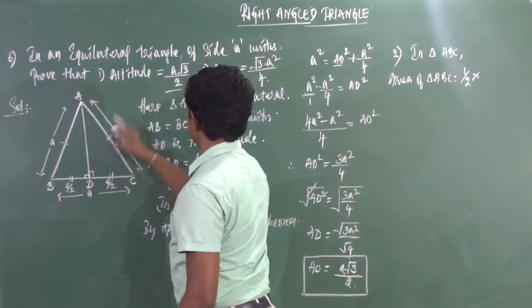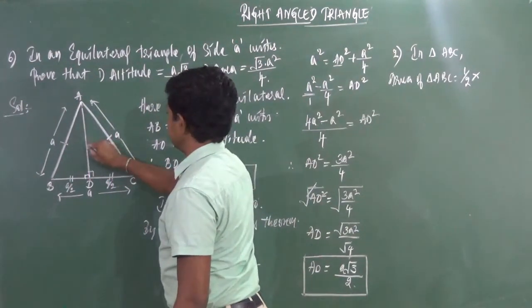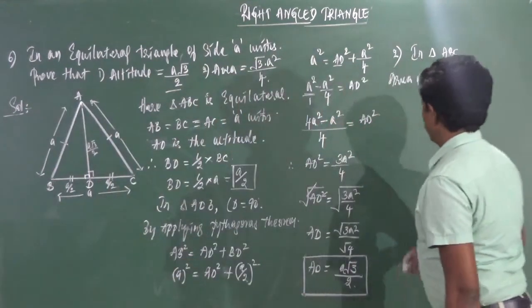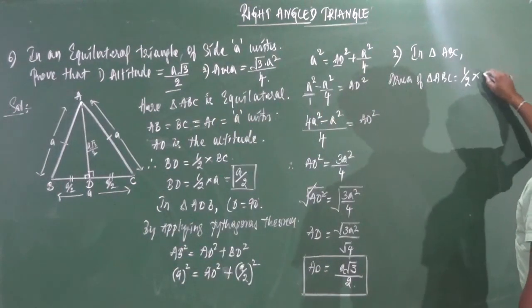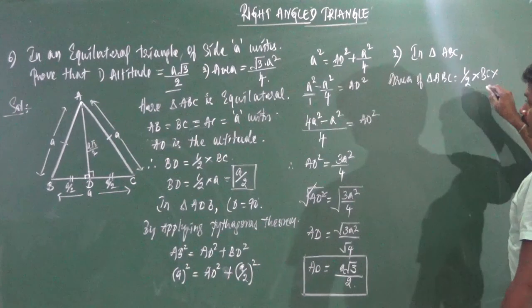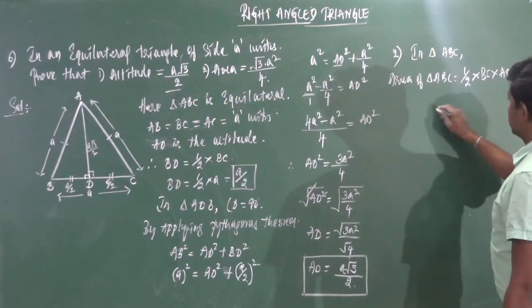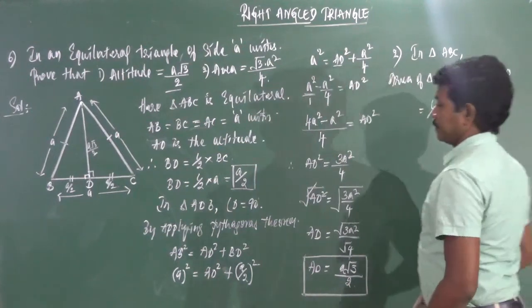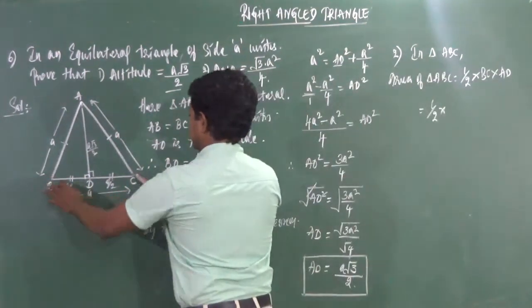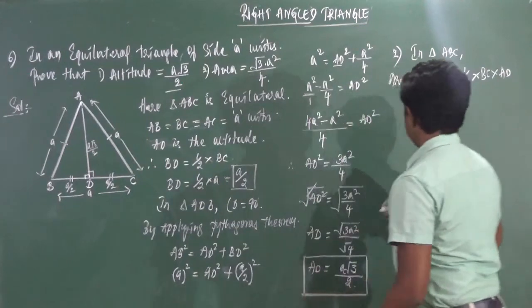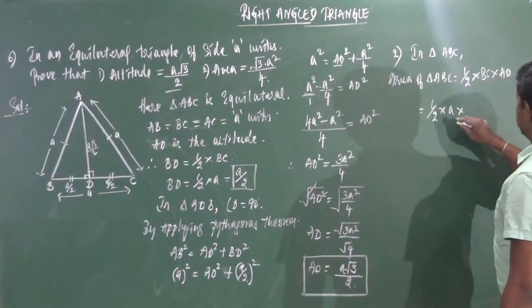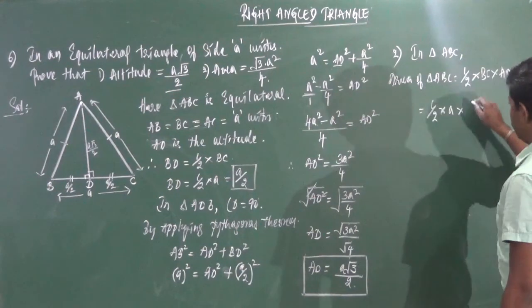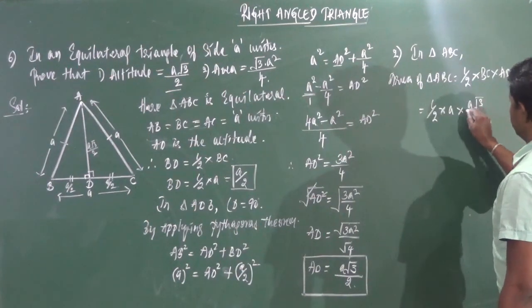Just now we have proved that height is A root 3 by 2. So half into base, which is BC, into height, which is AD. So it is equal to half into BC. The entire length of BC is A. So half into A into AD. AD, just now we have proved, is A root 3 by 2. So it becomes A root 3 by 2.